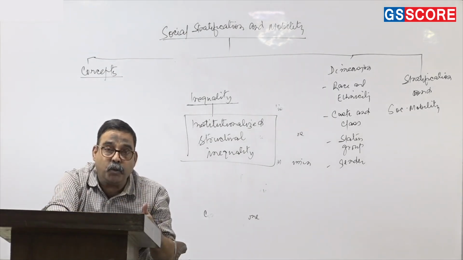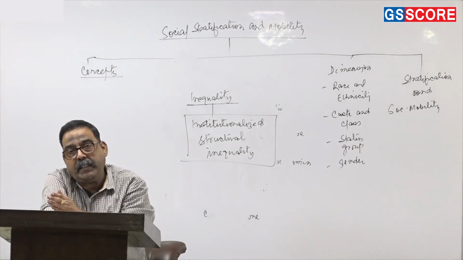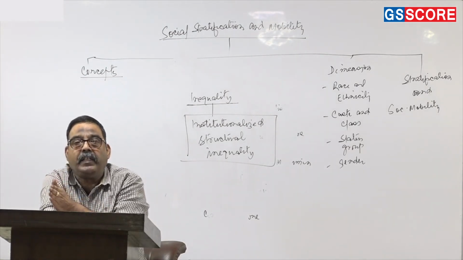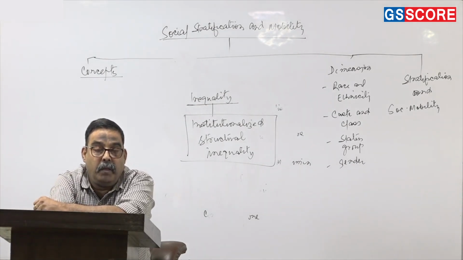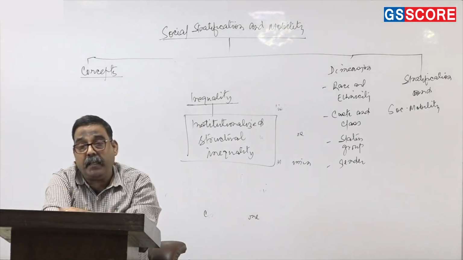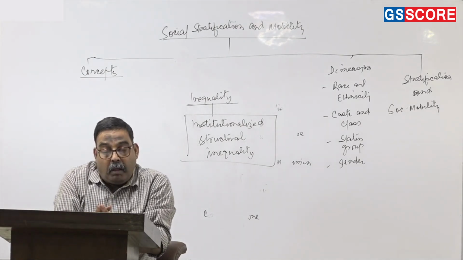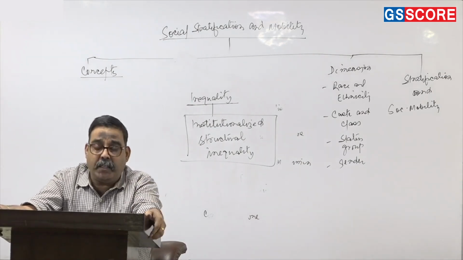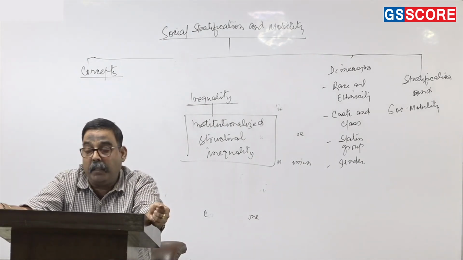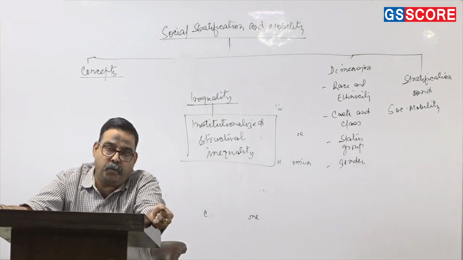The functionalists are saying the social system creates social stratification. What the conflict theorists are saying is that social stratification creates the social system. If the functionalists are saying that stratification is an expression of the shared values of society, then the conflict theorists are saying that it is basically an expression of the dominant group of society.